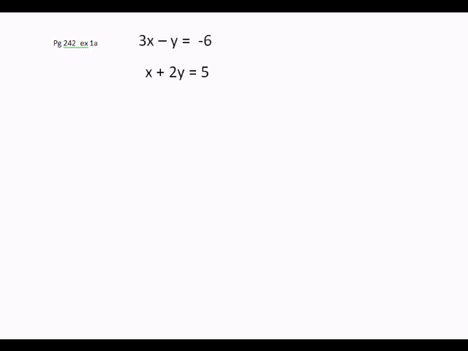Now we're finding x and y. So this week it's a little different because we're finding x and y. It's called a system of equations because we have more than one equation now. We're dealing with two equations. So if we have two equations, we're going to have two unknowns, two things we need to find. And in most cases, it's going to be find the x and find the y.